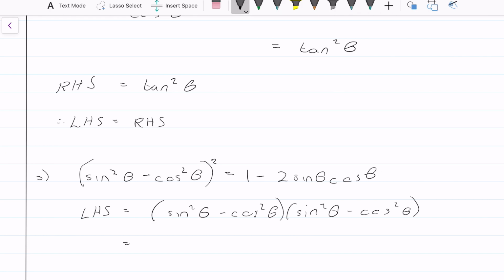okay, I think there's a little bit of a mistake here. Let me just fix it very quickly. Those should not be squares. There we go.